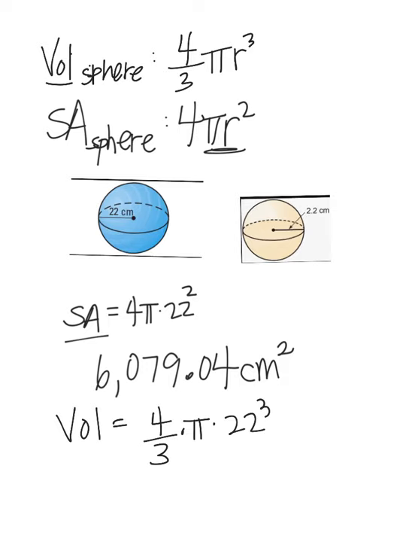So if we go 4/3 pi r cubed, I get a giant number here, 44,579.63 centimeters cubed.